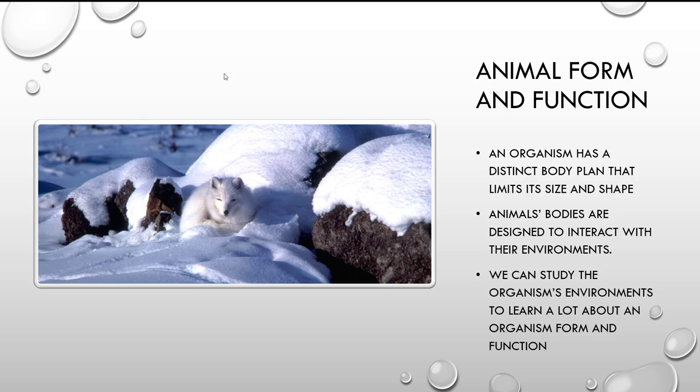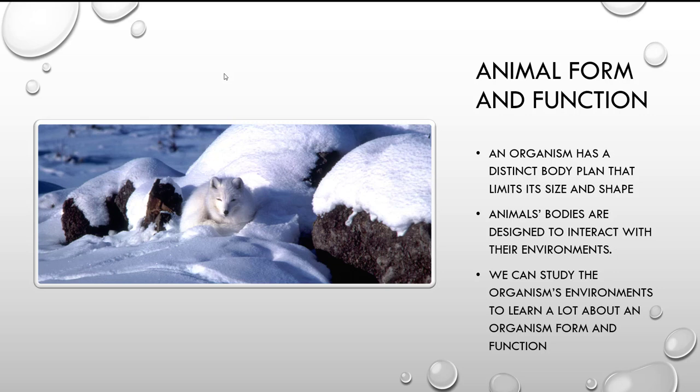So as I described already, an organism has a distinct body plan that limits its size and shape. So we know that organisms have to be able to maintain a certain size and shape. So there is a limit to that ability. We can't have, for example, a terrestrial animal that is too big, because the weight could act on gravity, and it might make it difficult to move and so forth.